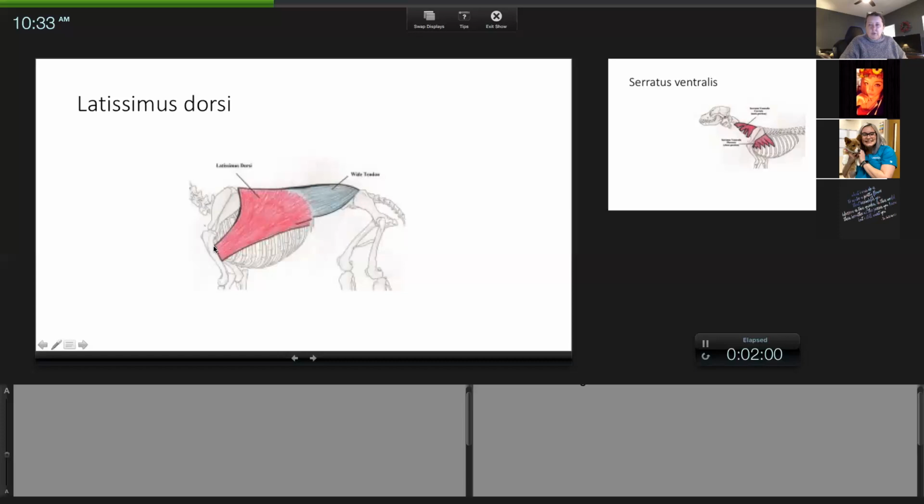Right here in this picture, it doesn't quite show that as well, but I've got to find some better pictures. But it's basically going to draw the limb caudal, because this is origin. Wow, my thing got really big there. This is insertion. If these fibers contract, they pull towards origin. If they take the humerus, they're basically going to pull the limb caudal.